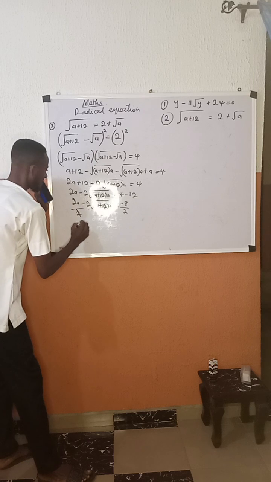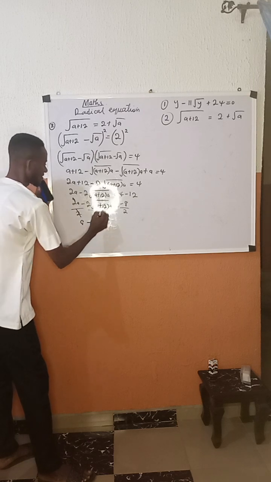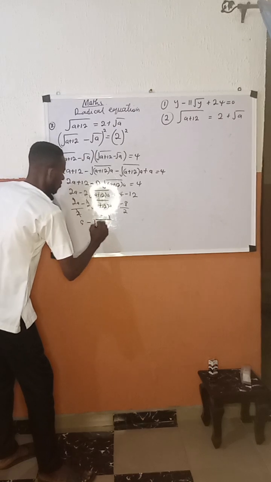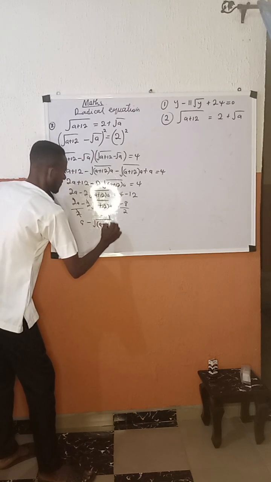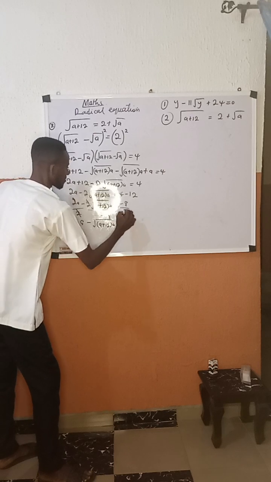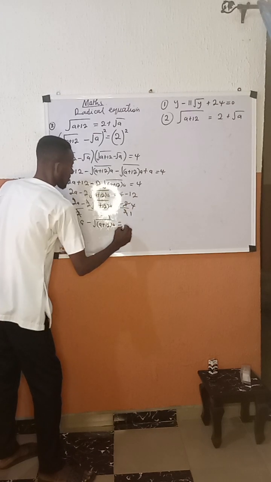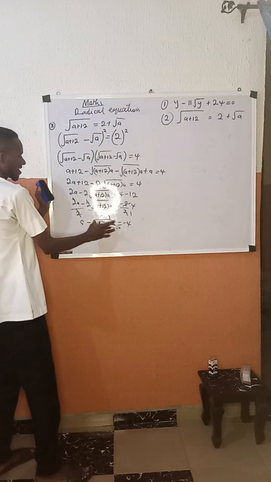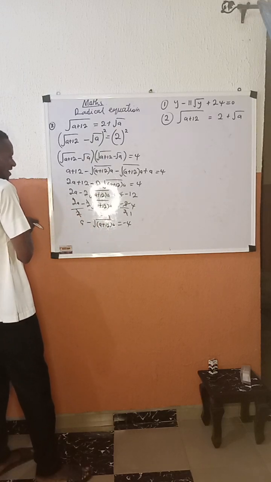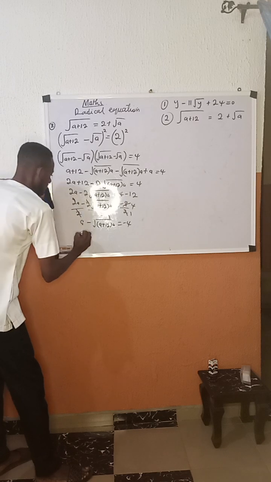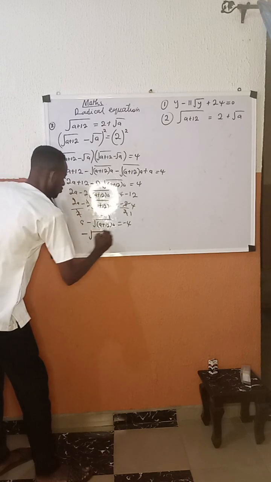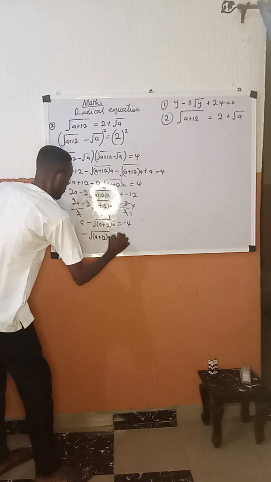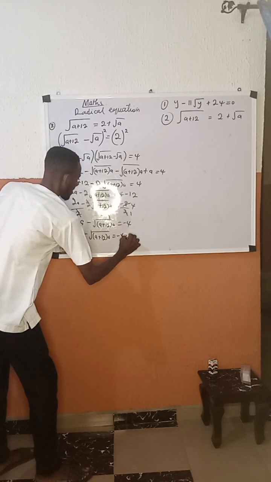This is gone, and I have a minus. I am left with root of A plus 12A equals, this is 1 and this is 4, minus 4. I can equally keep the term that contains the root alone at the left hand side, and I have minus root of A plus 12A equals minus 4 minus A.